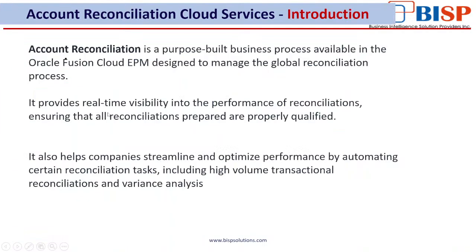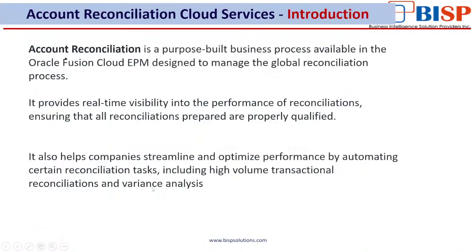It provides real-time visibility into the performance of reconciliation, ensuring that all reconciliations are prepared and properly qualified. It helps companies streamline and optimize performance by automating certain reconciliation tasks, including high volume transactions.